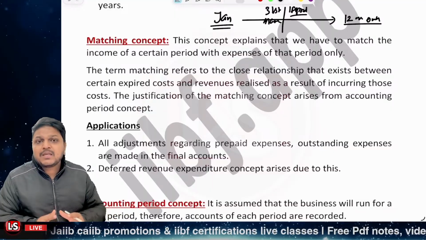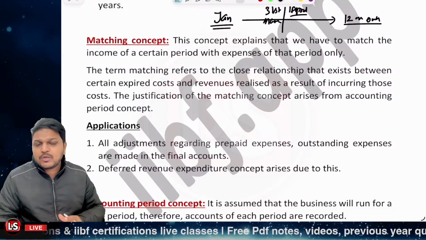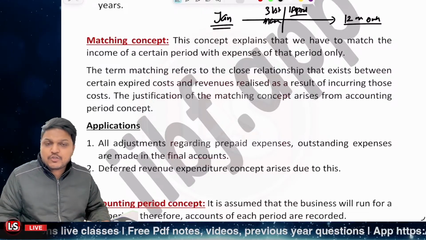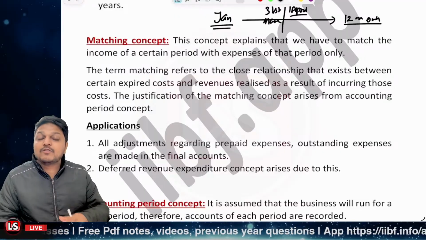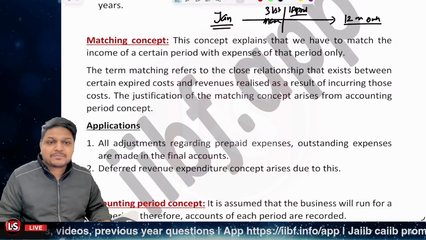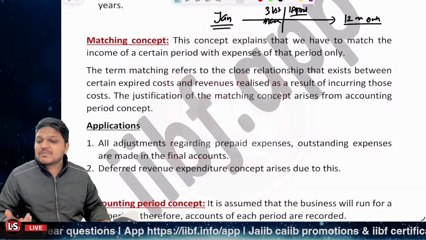So we should be matching the expenses of a particular financial year to that financial year only, and also any income or any gain, we should be matching to the same financial year only. Is that clear? So we should be making adjustments accordingly.